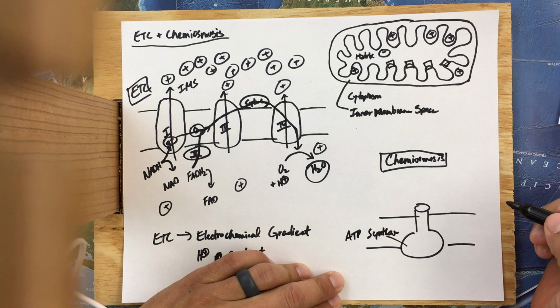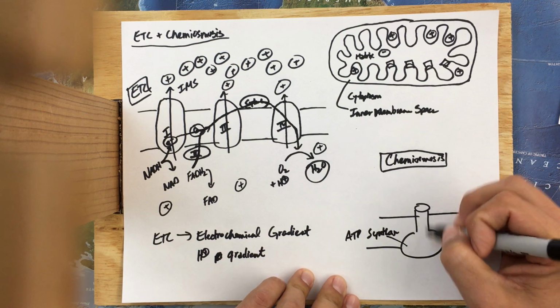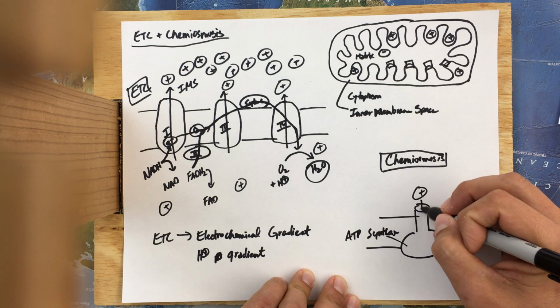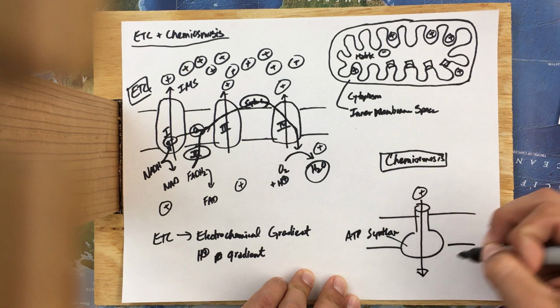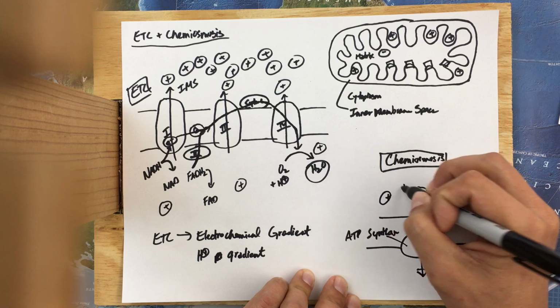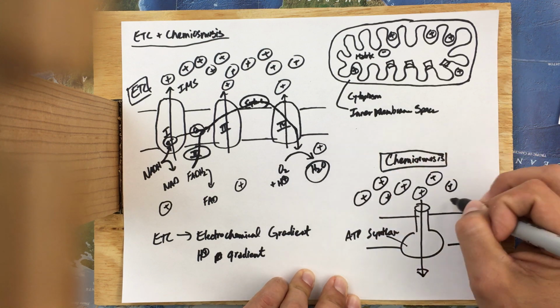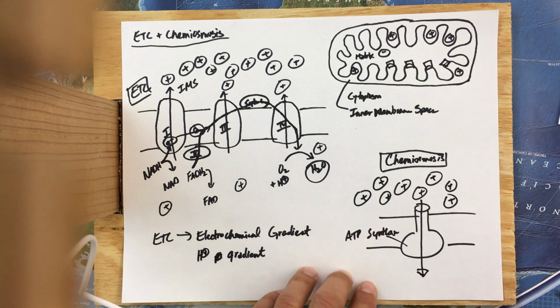And the ATP synthase is a passageway for these protons to go through. The protons can go through the ATP synthase, arrive down here where there are less protons, and it can follow that electrochemical gradient.